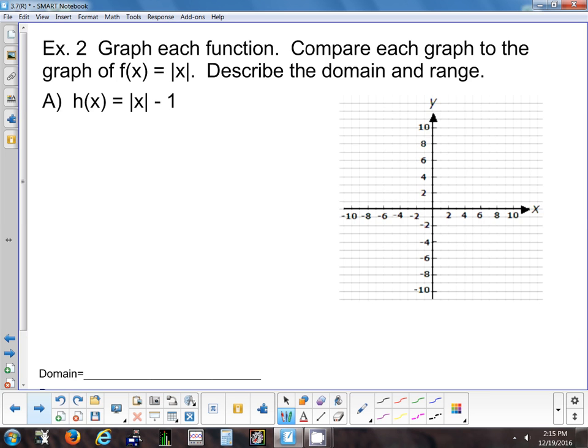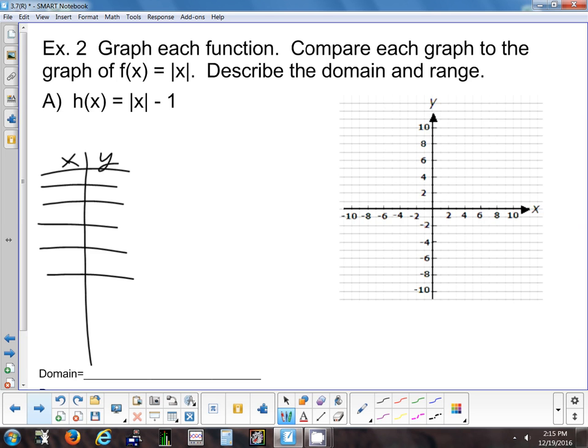Easley, can you tell me my first step? I want to try to make this table. Not sure, Trenton, can you help her out? Put 0 in the graph.